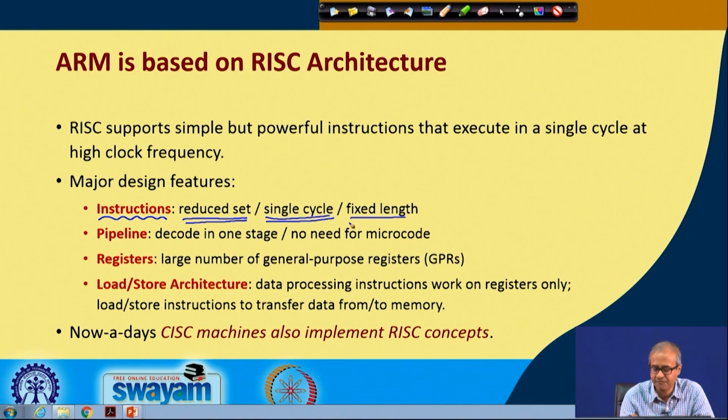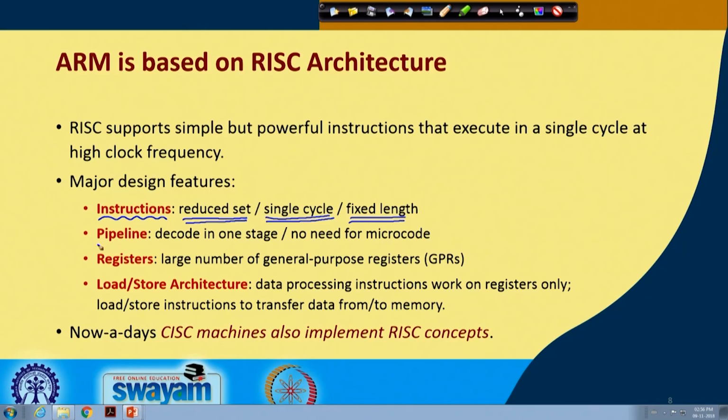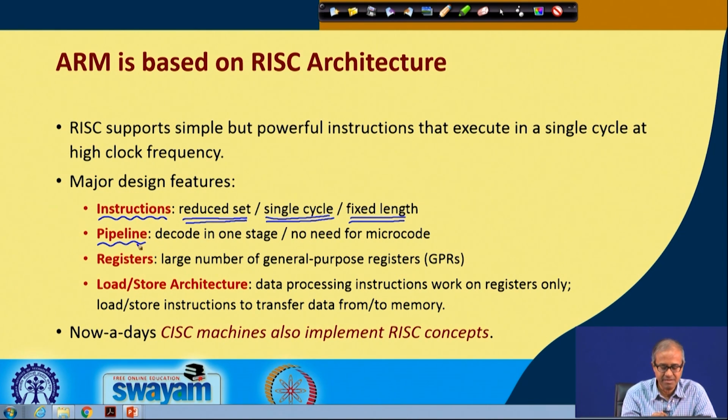They are all of fixed length, so that decoding of the instruction becomes very easy and the hardware for the controller becomes very simple. Okay. Then with respect to the pipeline, we shall see later that instructions are typically executed in a pipeline in all modern day processors. Now, if the instructions are simple and fixed length, then decoding becomes very easy.